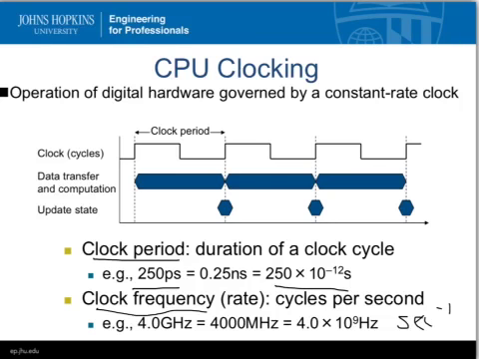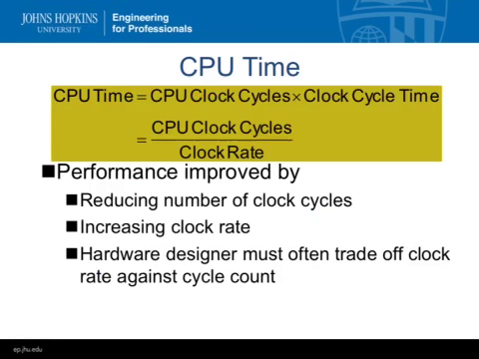So the frequency would be the inverse of the clock period, so in this case it's 1 over 250 times 10 to the -9. The amount of time it takes to run a program is going to be this clock cycle time, like we just discussed, times the number of cycles in that program.